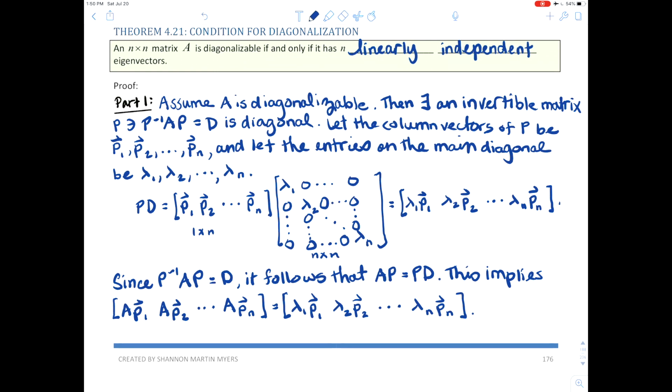All right, well, what do you think? Well, this means that A Pi is equal to lambda i Pi for each column vector Pi.